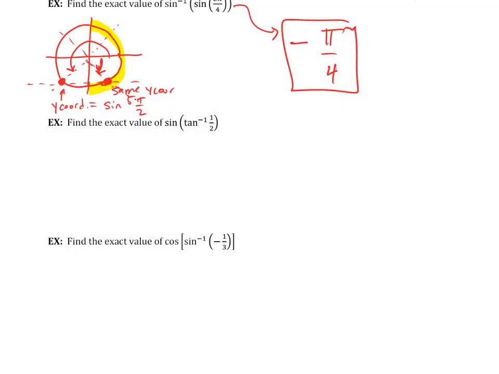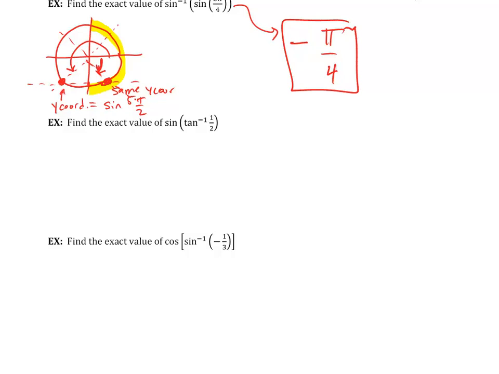Now, in the next question, you're asked to find the sine of a tangent inverse of 1/2. You may not recognize it in this form, but this is the same type of question that we answered back in Lecture 10.